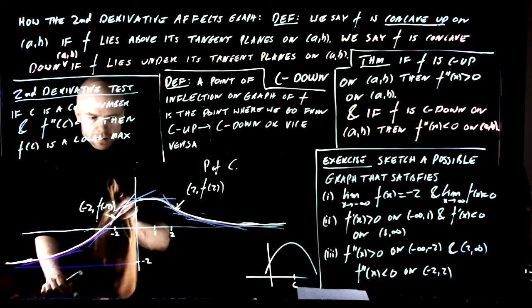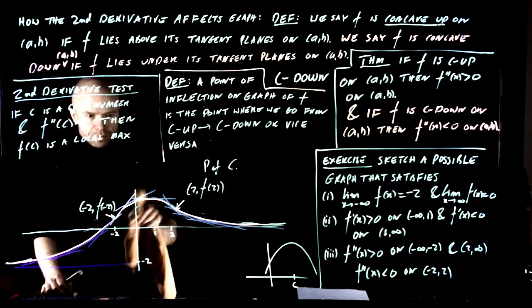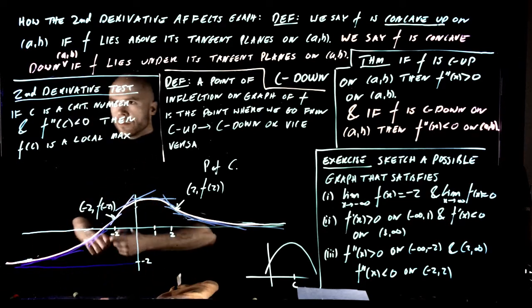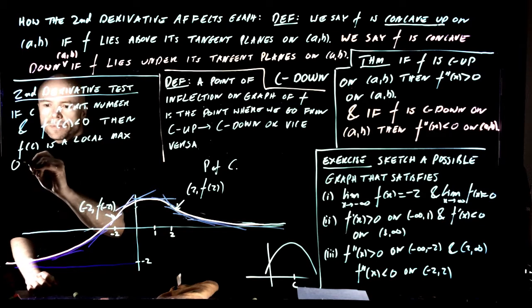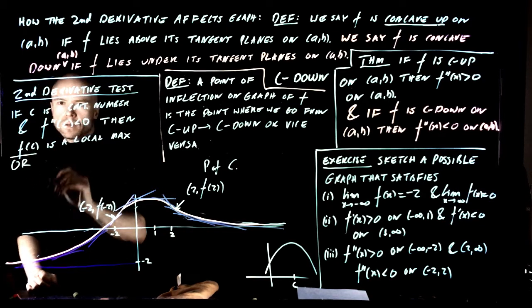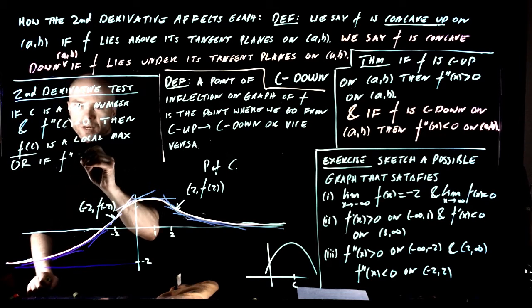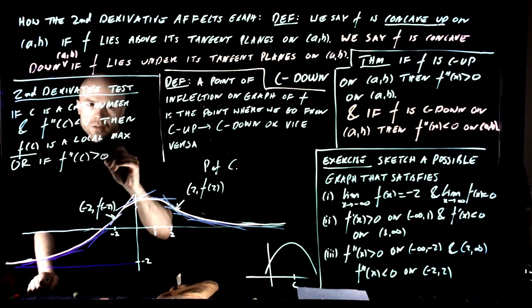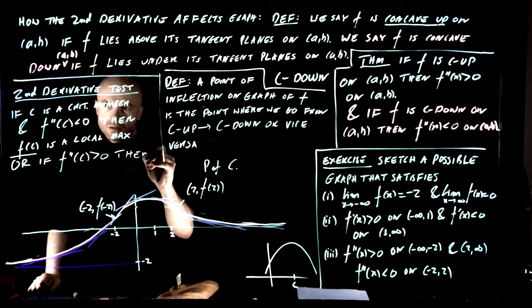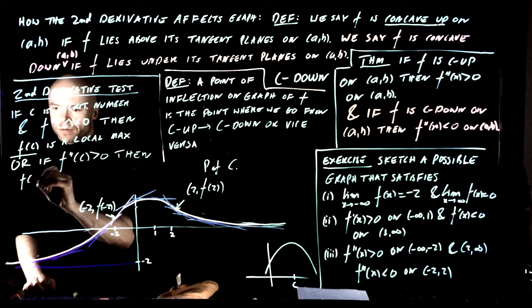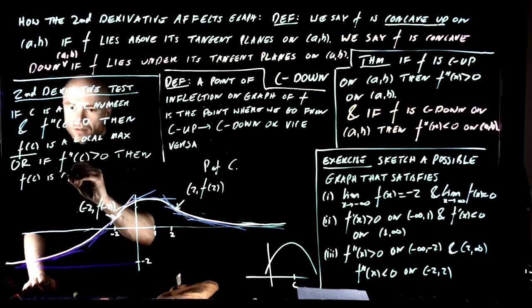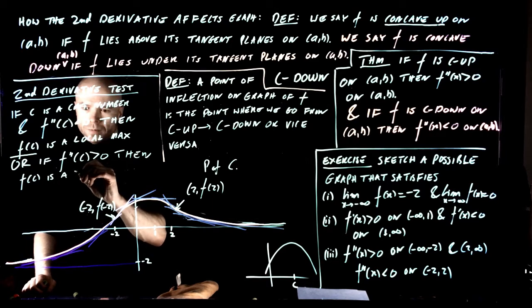And conversely, if f double prime of C is positive, then f of C is a local min.